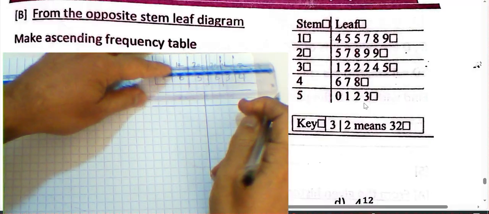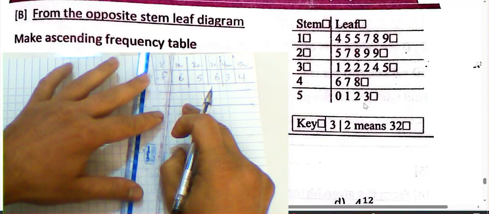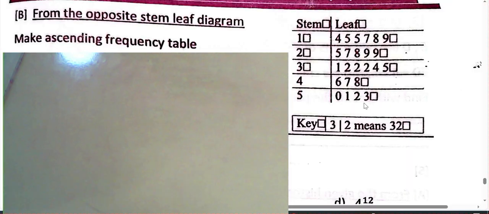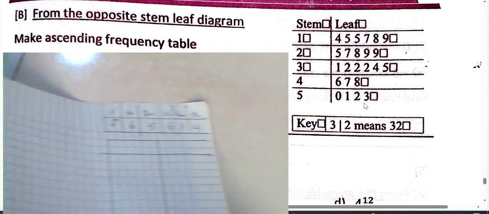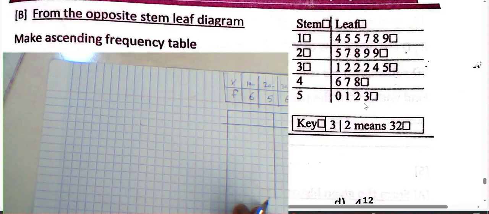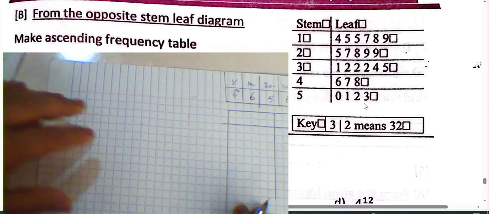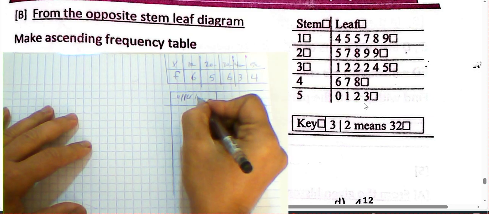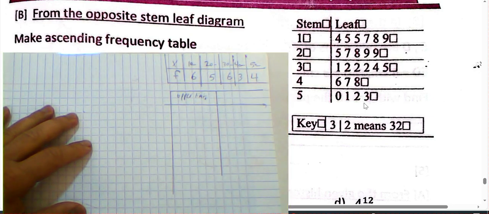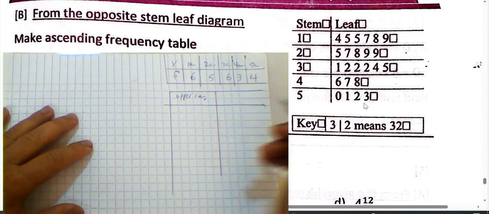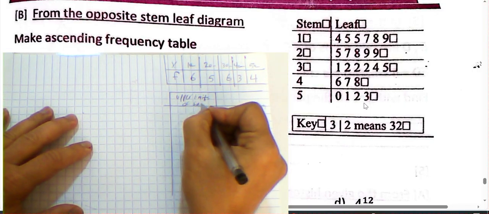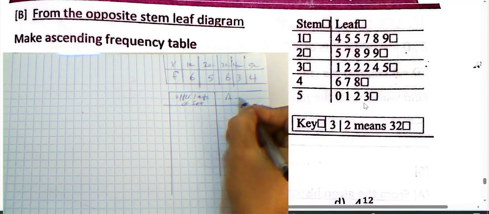Here ascending cumulative frequency and here upper limits of interval. Okay. Upper limits of interval right here, and here ascending cumulative frequency.